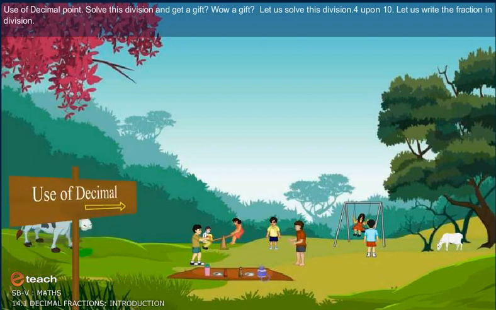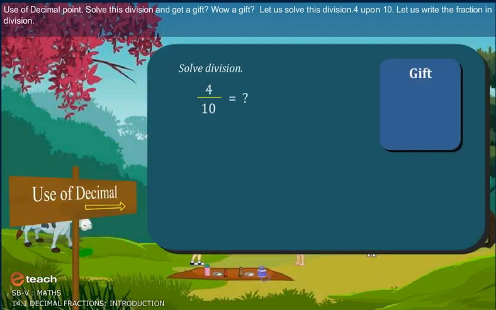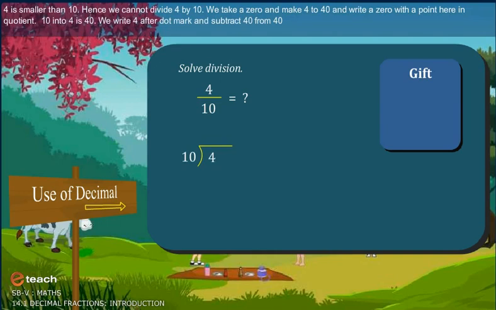Use of decimal point. Solve this division and get a gift. Wow! A gift! Come on, let us solve this division. 4 upon 10. Let us write the fraction as division. 4 is smaller than 10. Hence, we cannot divide 4 by 10.